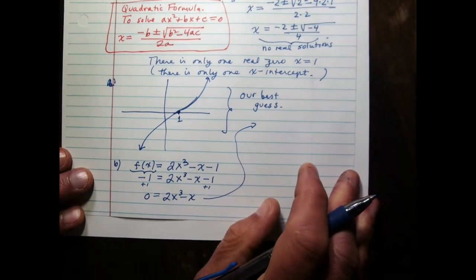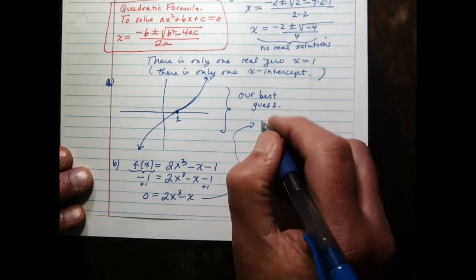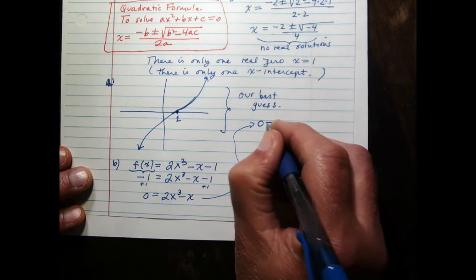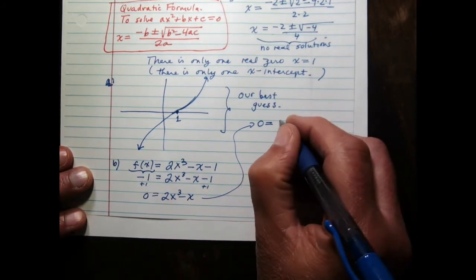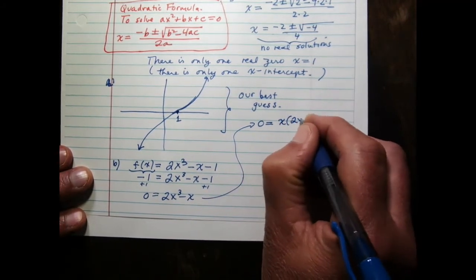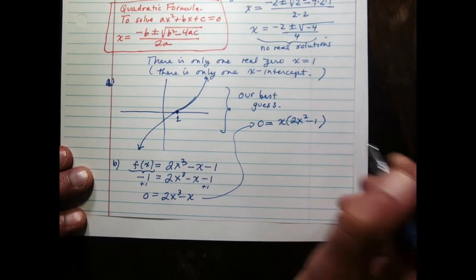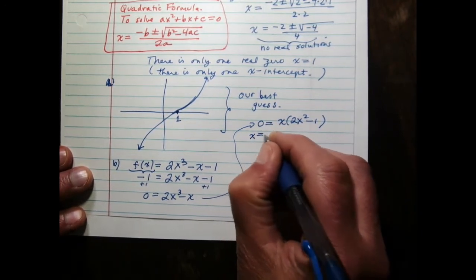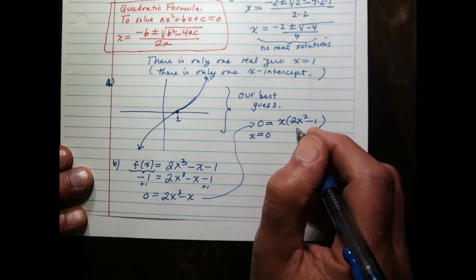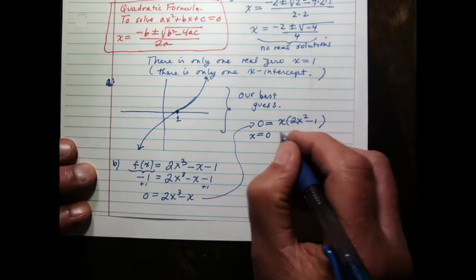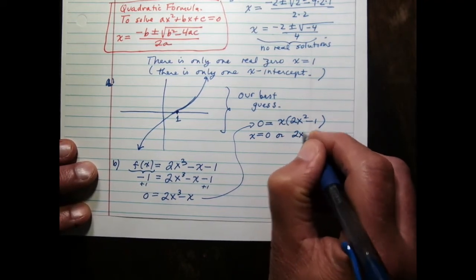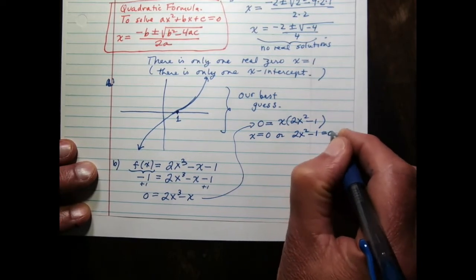And suddenly I hit the jackpot with solutions because I can factor this out. I have 0 equals x times 2x squared minus 1. So x equals 0, or 2x squared minus 1 equals 0.